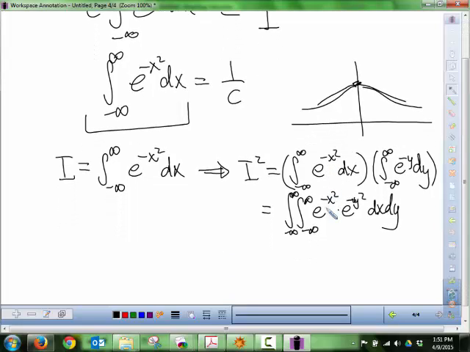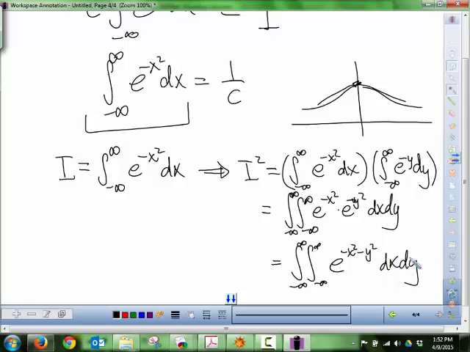So I have two things that I want you to focus on. First of all, what is your region? The xy plane, all of it, right? All of R2, the xy plane. Second of all, the e can be seen as just negative x squared minus y squared in one exponential function.